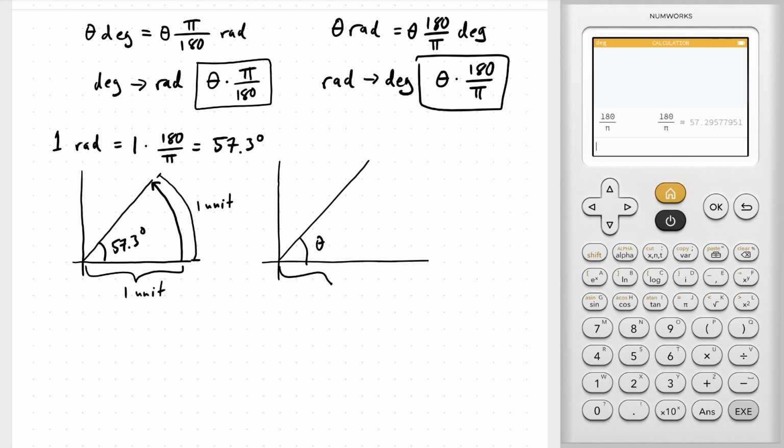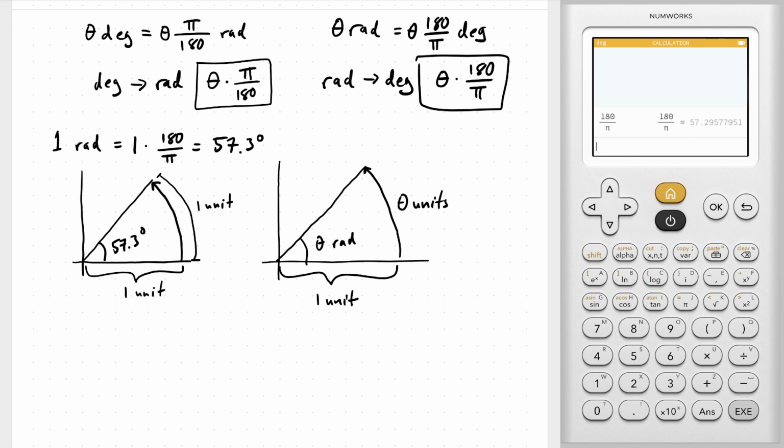And if this were 1 unit, then the length of this arc right here, maybe I should just make that line end right there. Okay, so the length of that arc is equal to theta units, if theta is in radians. And so let's specify this theta is in radians.